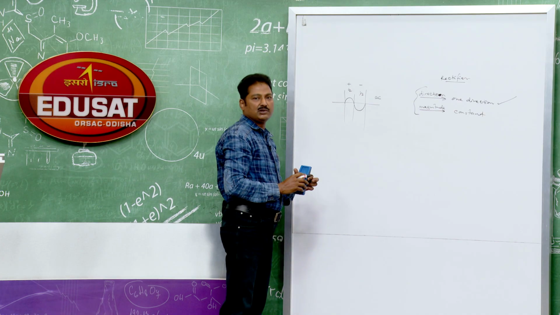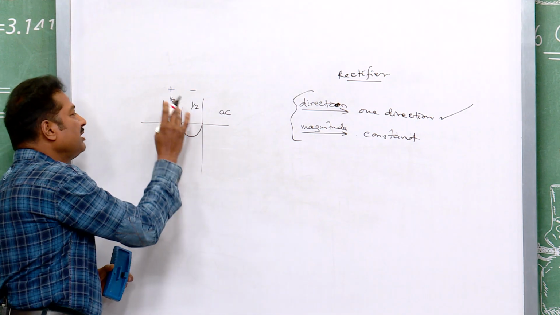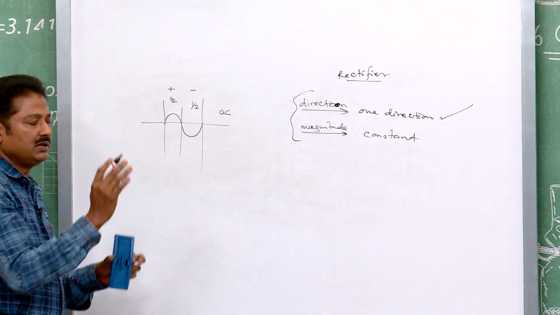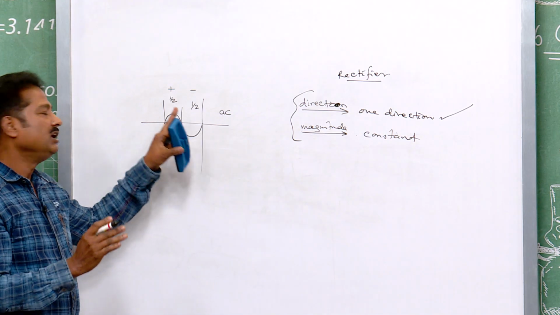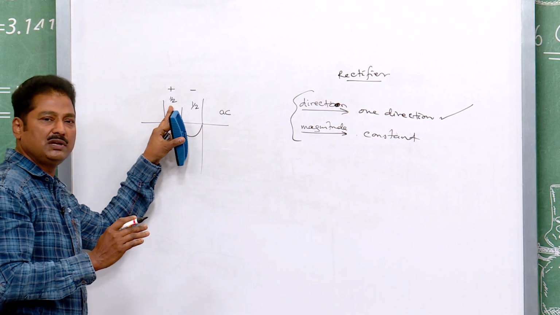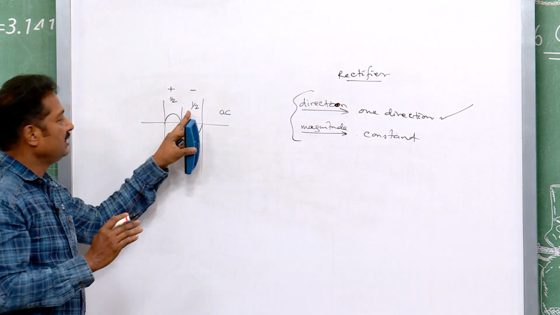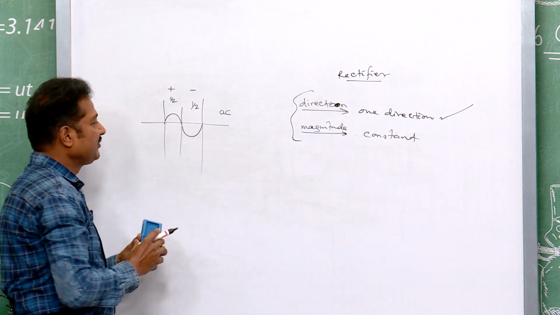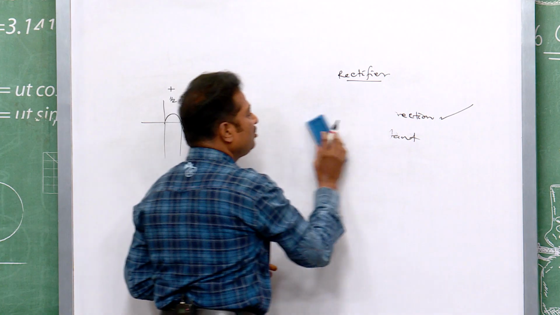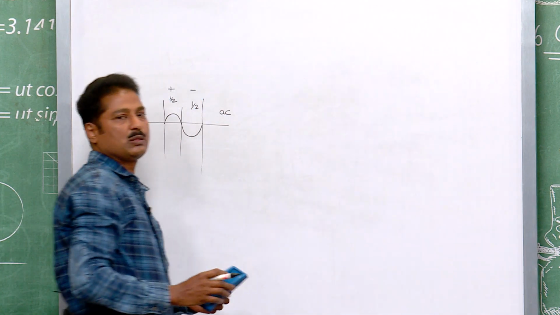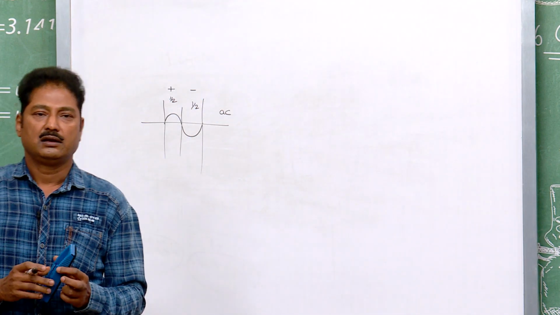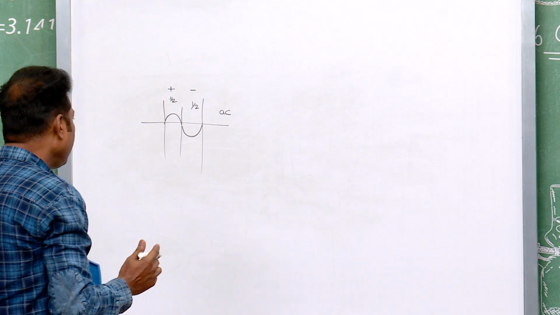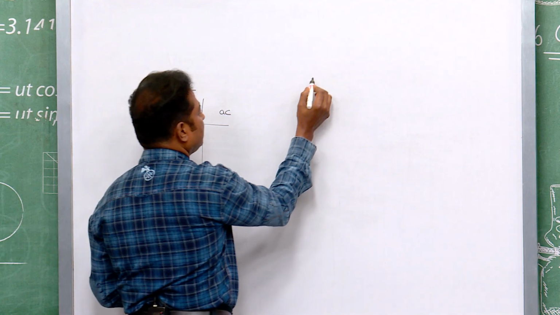It is not mandatory that it should be positive or negative. If you assign this half to be positive, then okay, this is to be negative. If you assign this half cycle to be negative, then it is positive. Anyway, two half cycles are there in a signal. Now, according to these half cycles, we can give names to the rectifier. So, rectifiers are of two types.